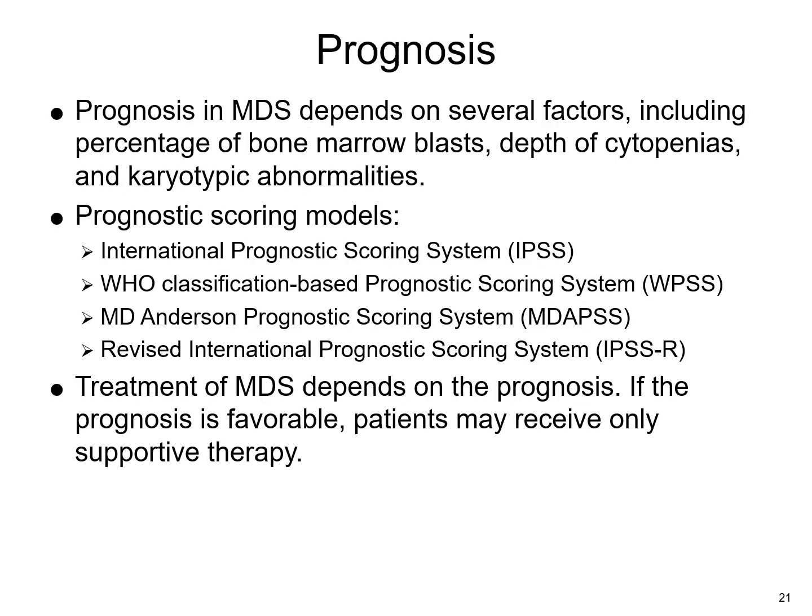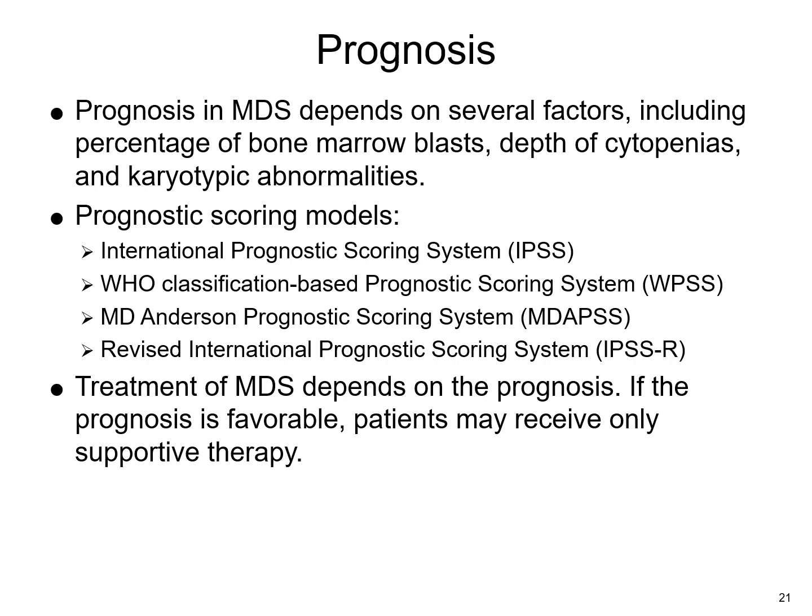So again, just to reiterate, for any of the myelodysplastic syndromes, basically any kind of neoplasm, prognosis is going to be dependent on several different things, including the percentage of bone marrow blasts that are present, the depth of cytopenia, and the karyotype that is present, the abnormalities that are actually present.